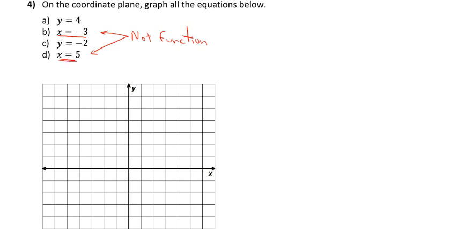We also need to remember that anything that says y equal to a number is a horizontal line, like that. If it says, for example, y equal to 2, then it passes through the y-axis at 2 positive, and it goes horizontally through that point, which is +2.